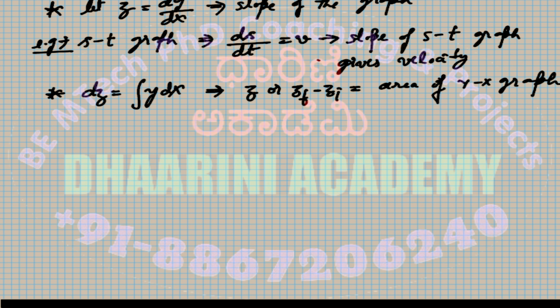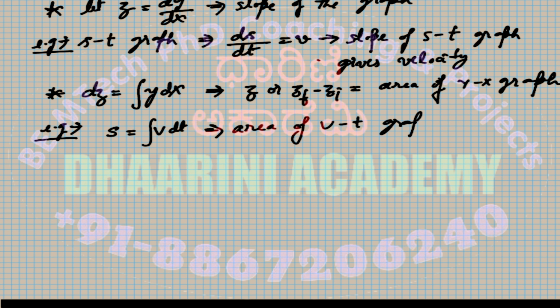So once again, I'm going to give an example here, where we apply such a thing. Let's say s is equal to integration v dt. So this means if I try to find the area of the vt graph, that area of the vt graph gives the value of s.